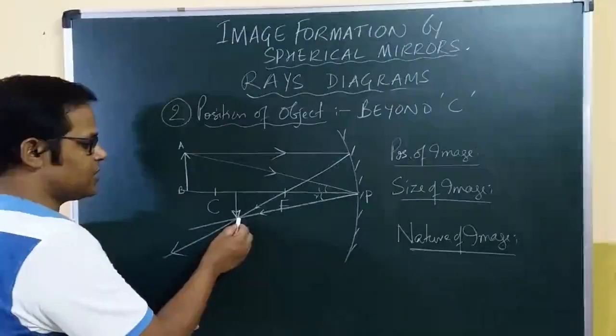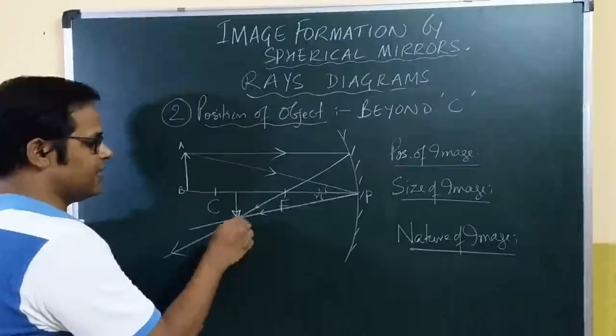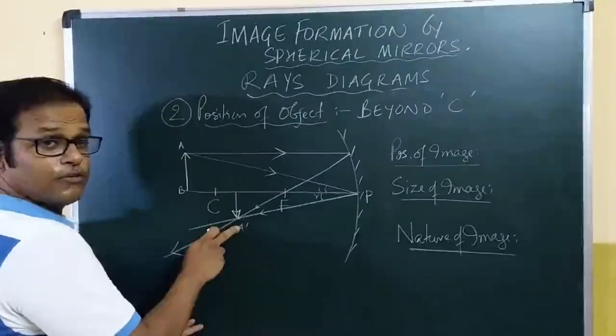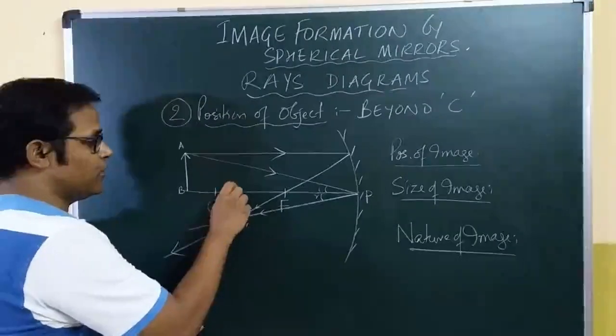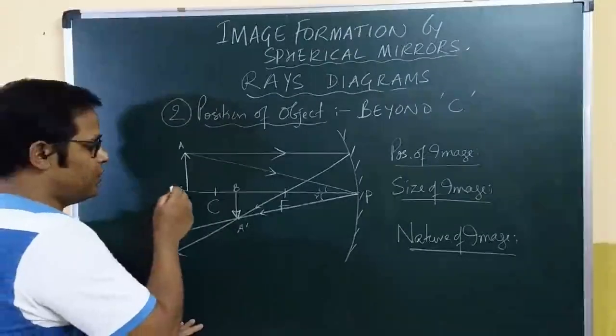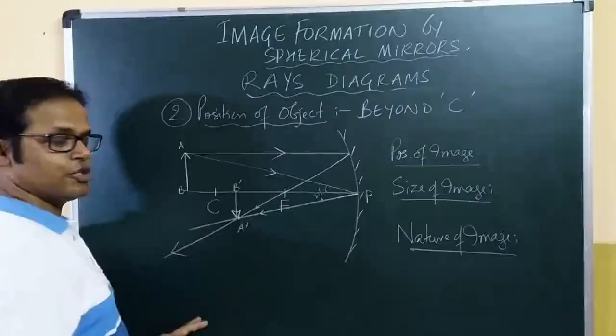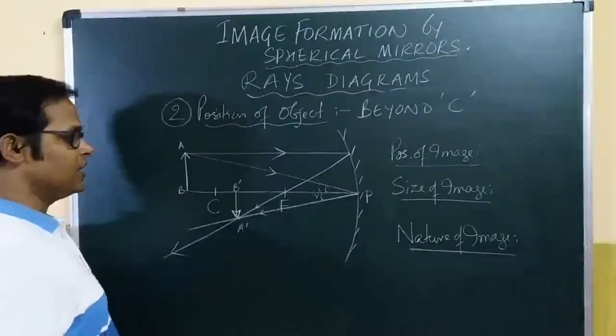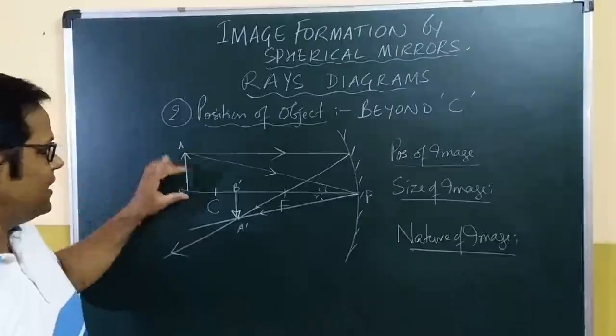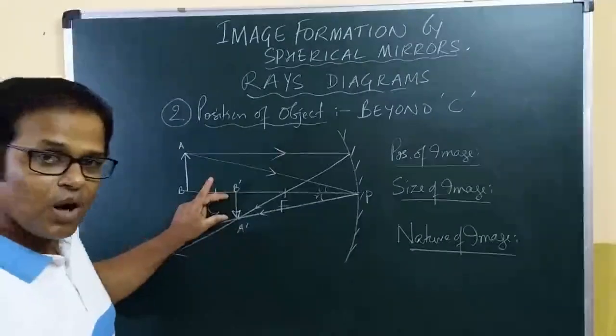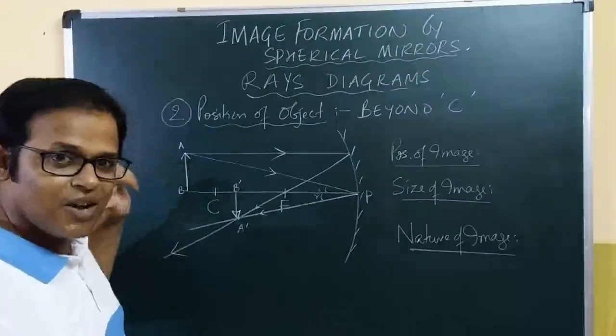So if this is the tip, then it should be written as A dash. A dash is the image of A, and this has to be the foot. That is how we generalize the things. If this was B, then it has to be B dash, the image of B. So you can see that relatively the size of the image is smaller than the size of the object.